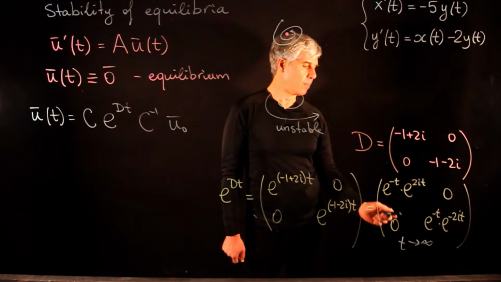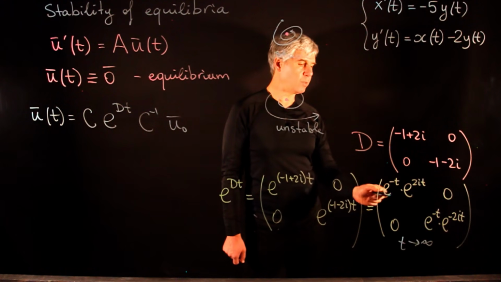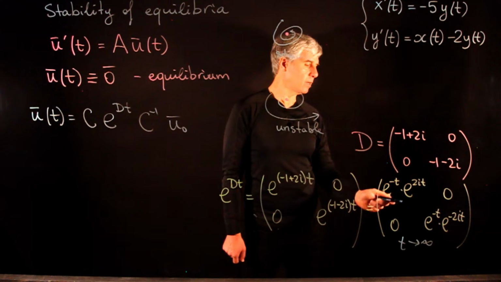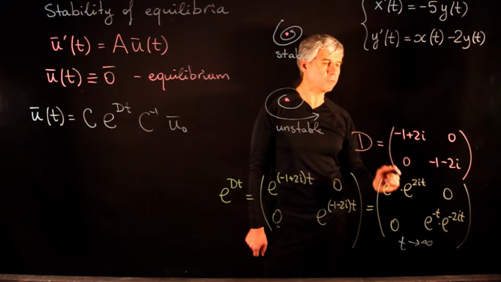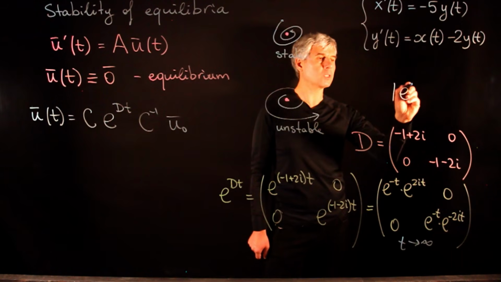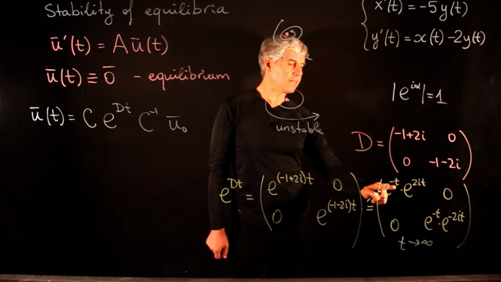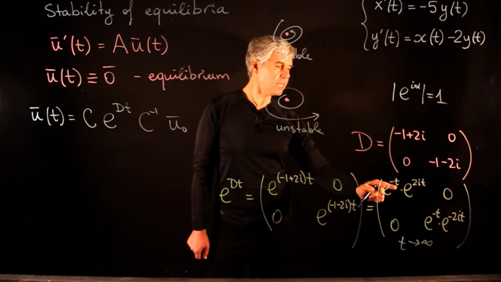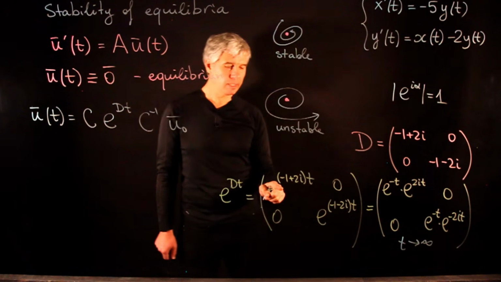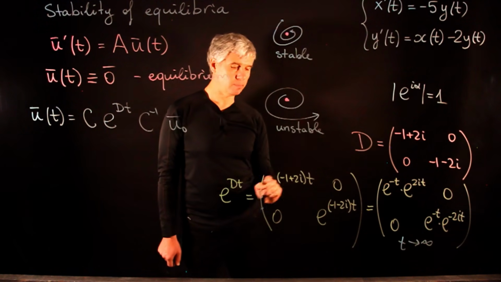So we see that when t goes to infinity, this exponential e to the minus t will make this matrix go to 0, because this Euler exponential function has a complex norm equal to 1. And why did we get the negative sign in this exponential? This negative sign, so e to the minus t, came from the real parts of the eigenvalues.